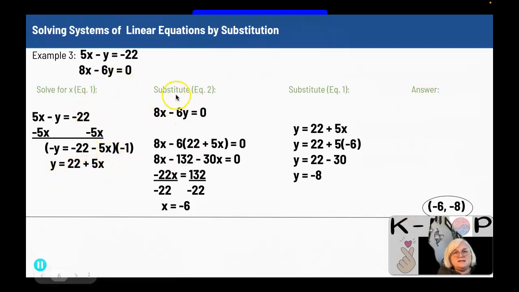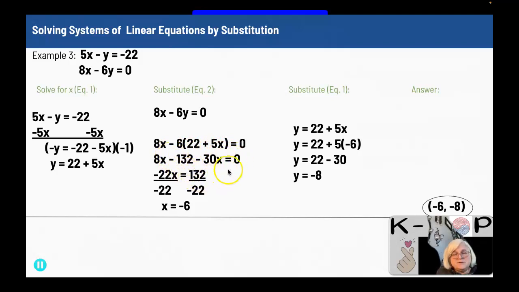I plug that in for the y in the equation that I did not use, and I have 8x minus 6 times the quantity 22 plus 5x equals 0. I distribute my minus 6 to what's inside the parentheses, and I have 8x minus 132, negative 6 times 22, minus 30x equals 0.